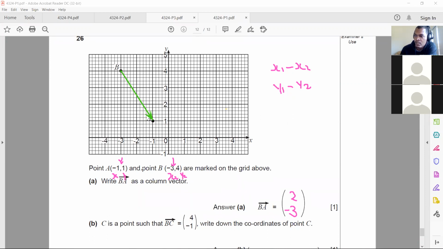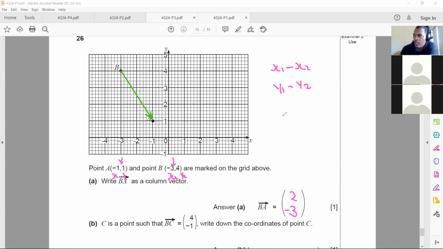I'm just using A as my first one, so it doesn't matter which one we use. After you get this idea, then you just replace the variables with numbers. Once you replace the variables with numbers, we just perform the normal subtraction and then we get our answer. So let me just replace the variables with numbers now.